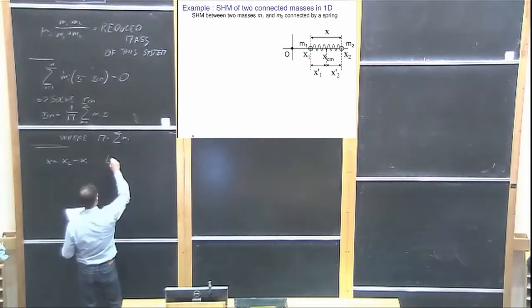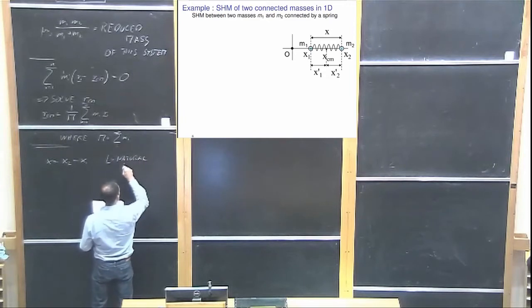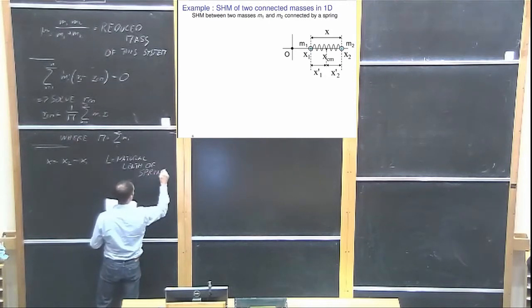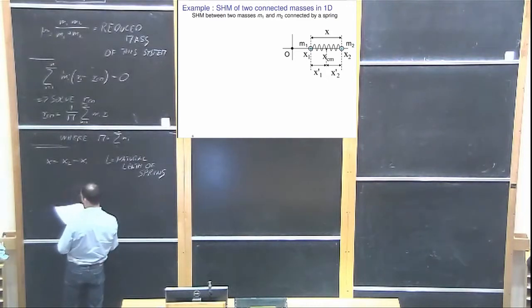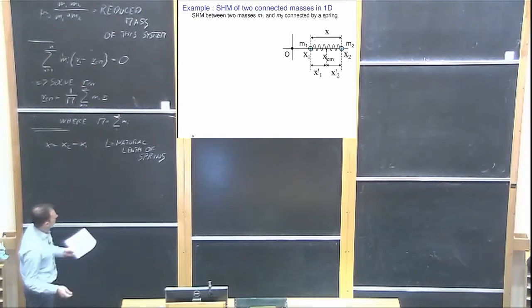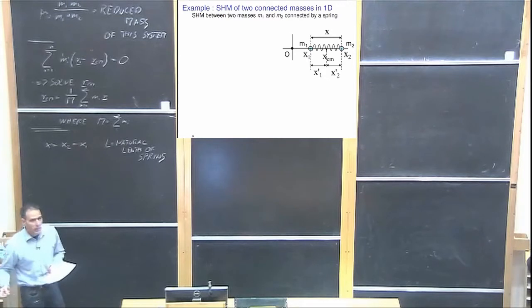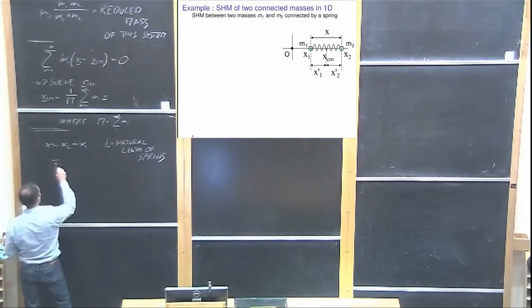L is the natural length of the spring. This is where the spring doesn't do any extension or contraction.